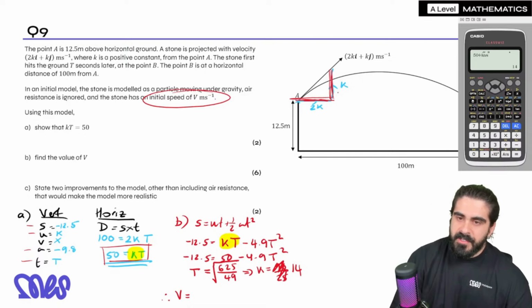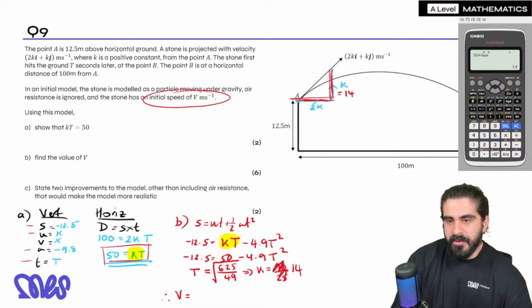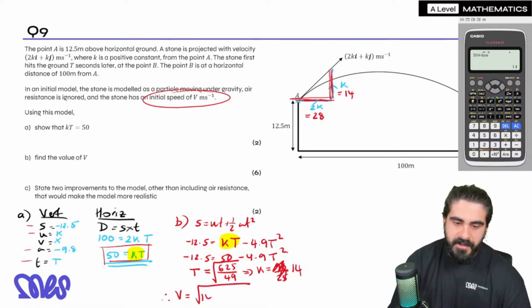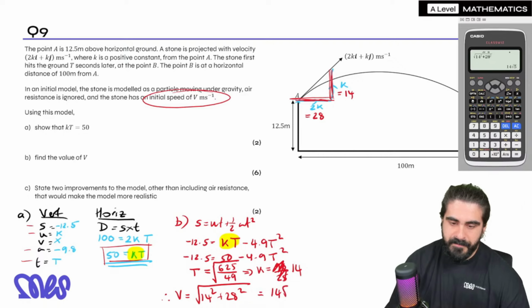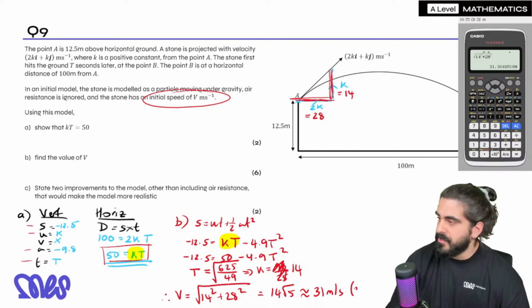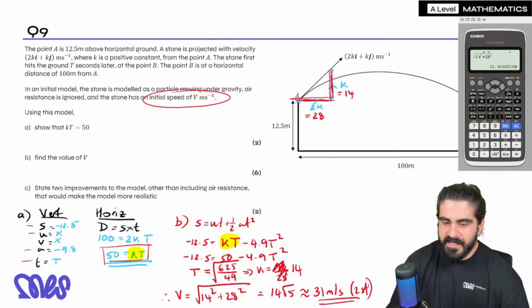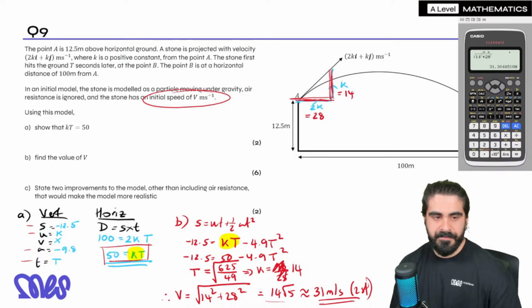Nice. So here k is 14, 2k is 28. So v is the root of 14 squared plus 28 squared. And you can approximate that if you want. Because we use gravity, if you want to approximate that, we could say 31 meters per second to 2 SF. It would accept both answers in this situation.